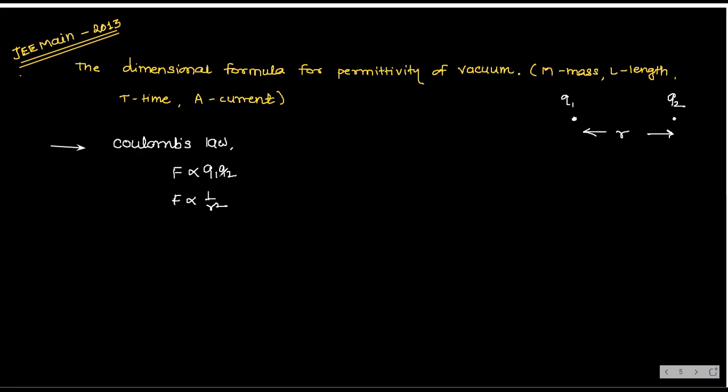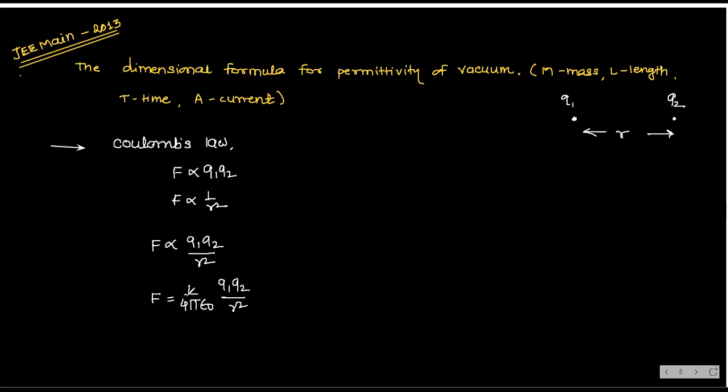Then this force is directly proportional to Q1 Q2, and inversely proportional to the square of the distance between them. So F is directly proportional to Q1 Q2 by R square, and F is equal to, removing the proportionality sign and adding one constant, 1 by 4 pi epsilon naught, Q1 Q2 by R square. Okay, so how to do this now?